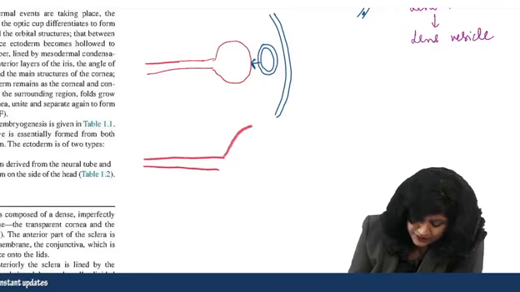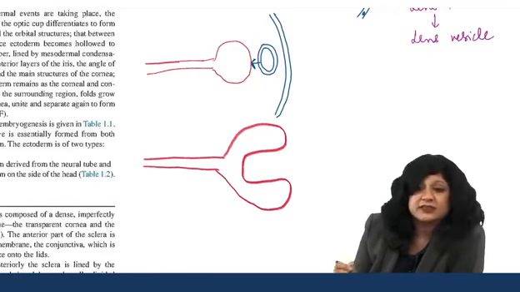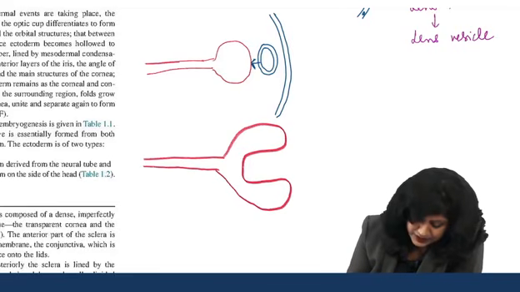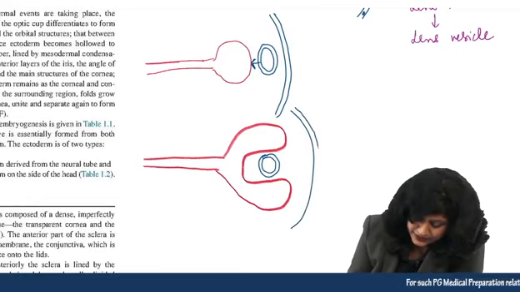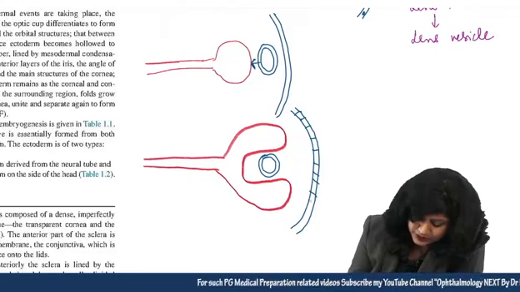So we will be having an optic cup, something like this, and this will be taking up the lens vesicle here, and here I will be having this surface ectoderm. So this will be your final outcome.